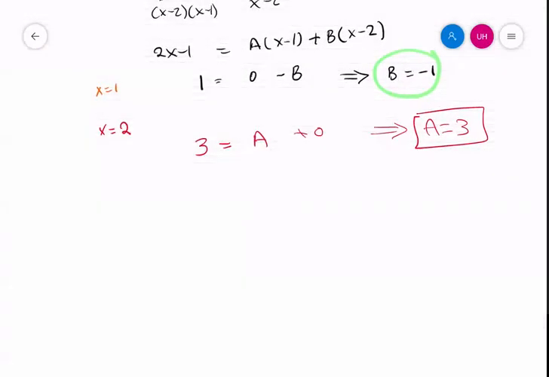Now we will write them back on the fraction.